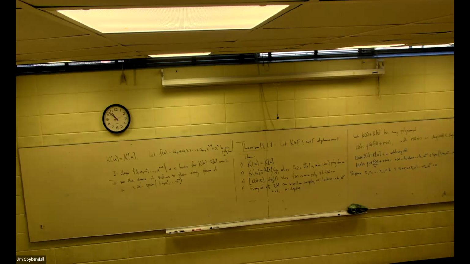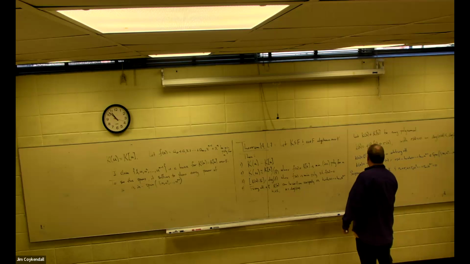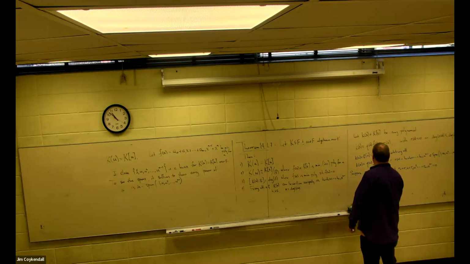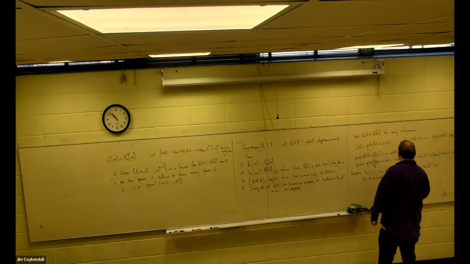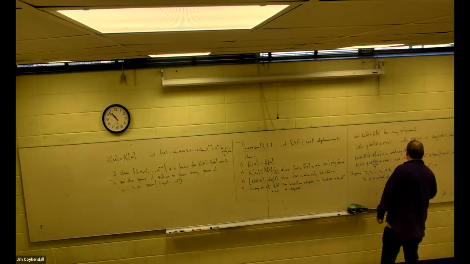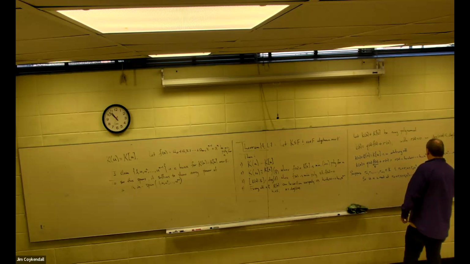What can we conclude? So u is a root of r0 plus r1x plus r2x squared plus up to r_(n-1)x^(n-1) in K[x].